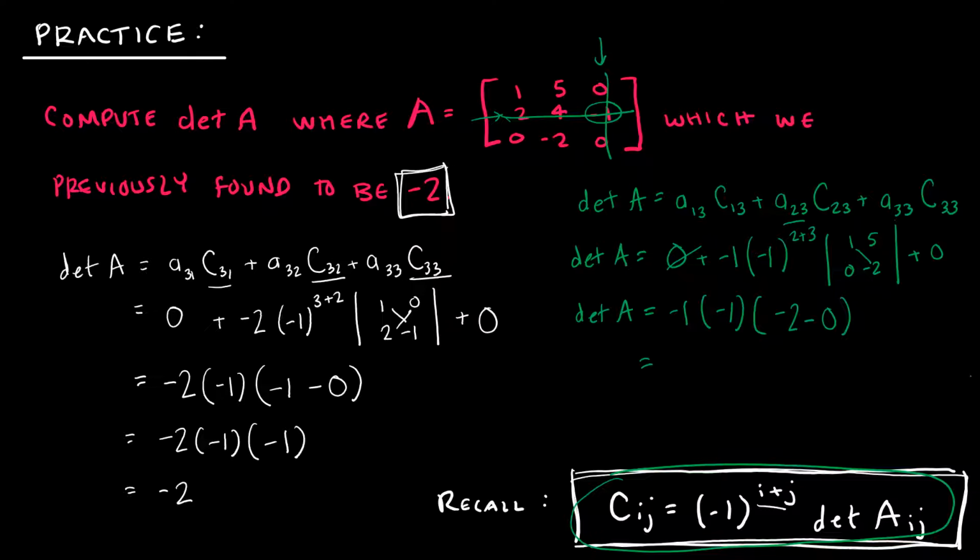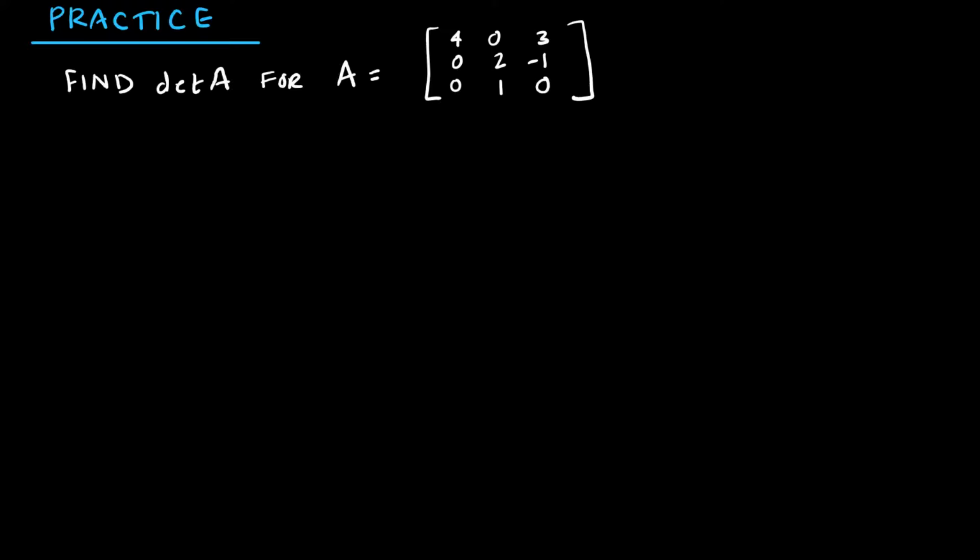And again, we see negative 1 times negative 1 times negative 2, which is negative 2. So again, a pretty easy way to do it. And so I've confirmed it a couple of other ways. Now I could choose any row or any column, but again, be smart about it and choose a row or a column that has a lot of zeros to make your life easier.